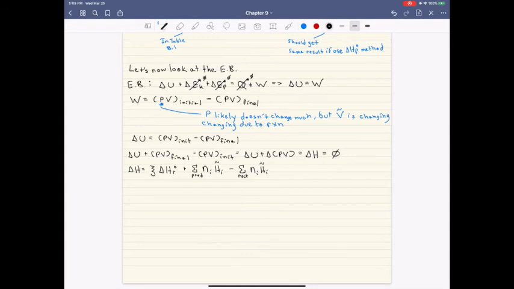Okay. Let's now expand out these sum terms. So what we have is this. For all our products, we have N2 of the ethanol times its molar enthalpy. We have the same for oxygen. We have the same for carbon dioxide. We have the same for water.